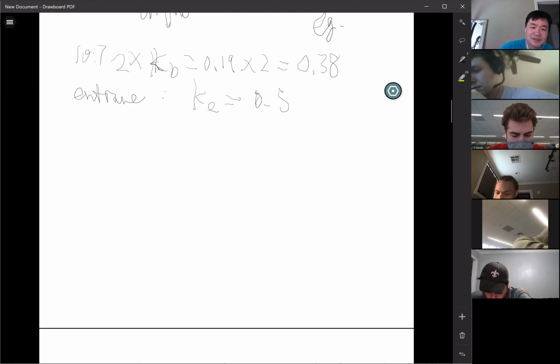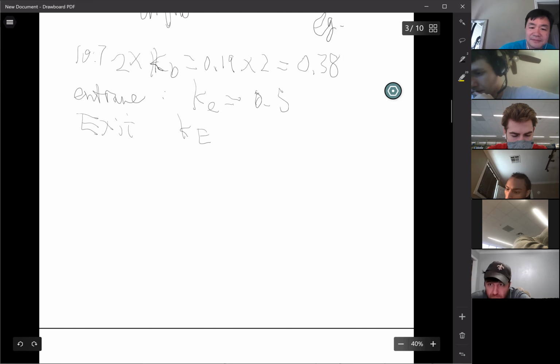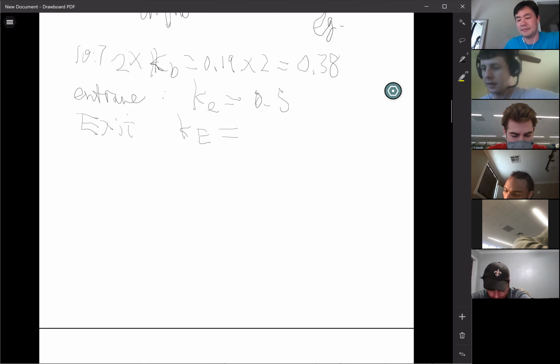Okay, entrance. The next one is exit. There's totally no exit in the table. Think about what we're going to use as an exit. Well, we do have a contraction and an expansion.